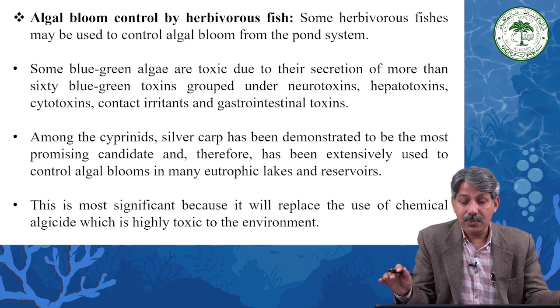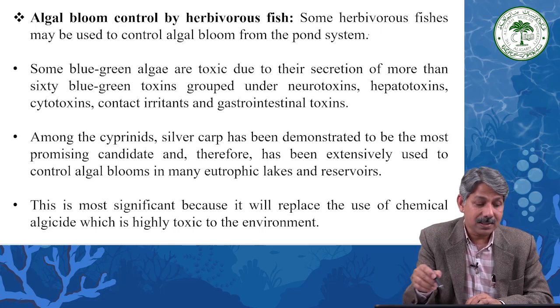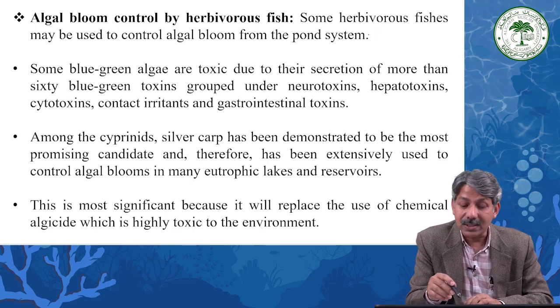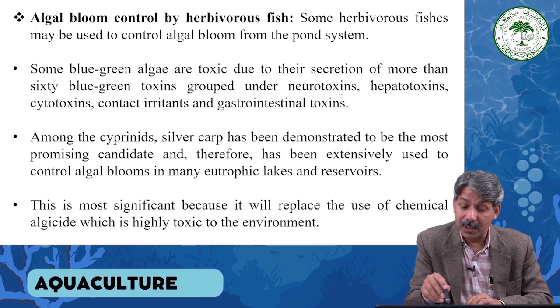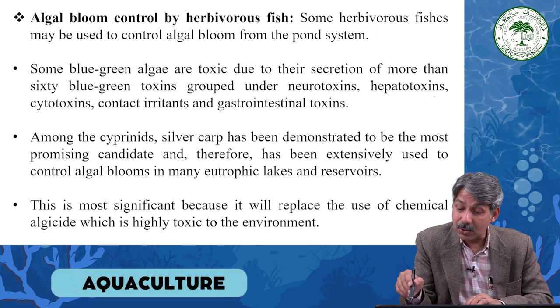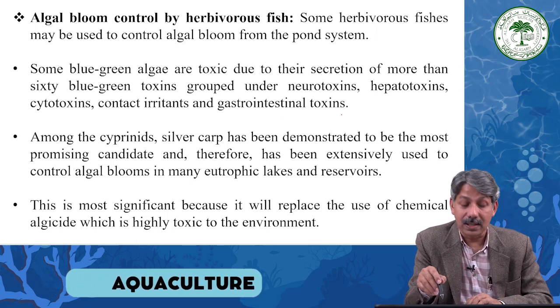Algal control by herbivorous fishes. Some herbivorous fishes may be used to control algal bloom in the pond system. Some blue-green algae are toxic due to their secretion of more than 60 blue-green toxins grouped under neurotoxins, hepatotoxins, cytotoxins, contact irritants, and gastrointestinal toxins.